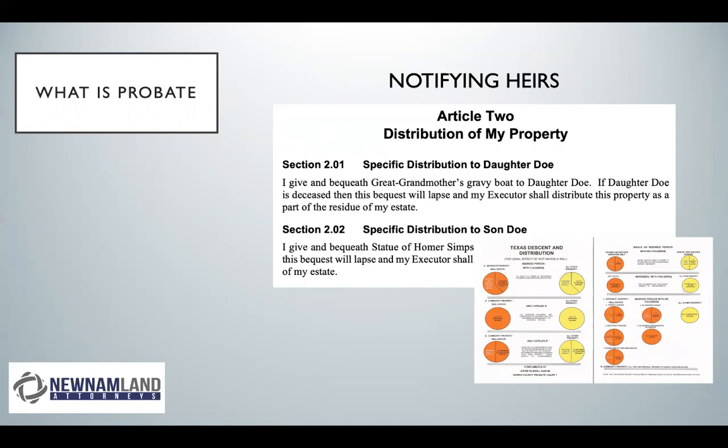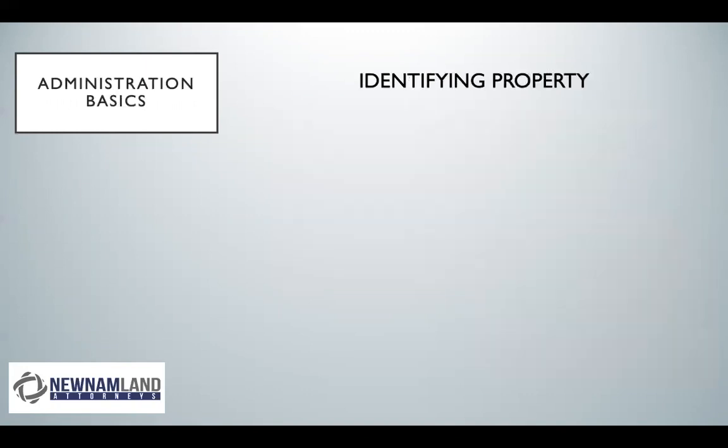And so these people have a right to know that there's a probate occurring and who is in charge of administering the estate, either the personal representative or administrator. So you provide them notice that this is what's going on. There is a probate pending, and you are either an heir under a will or maybe by intestate distribution, but you need to know that you may be entitled to something at the end of this.